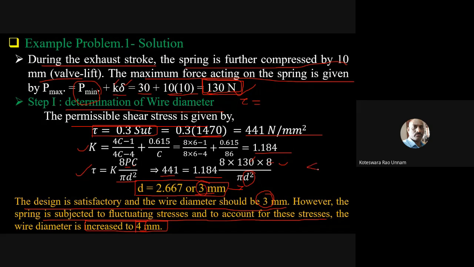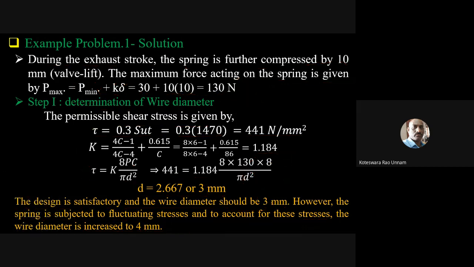If the factor of safety is within our desirable level, then it is okay, you can stick with the 3 mm, or else you need to increase the diameter of the wire. I already did it here before going to the calculation itself, by assuming some factor of safety, which I have taken as 4. With this 4, I will proceed with the further calculations. Or else, if you want, you can take 3 mm, do all the things, and then calculate the factor of safety.